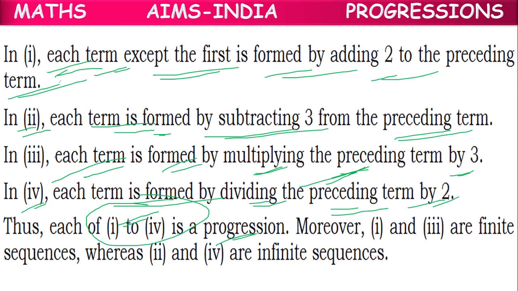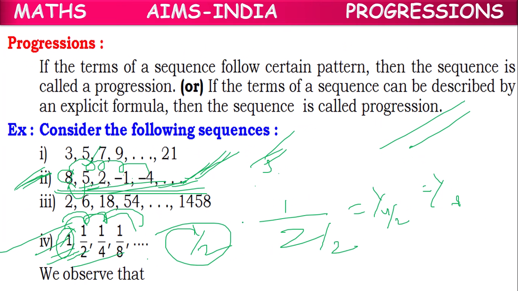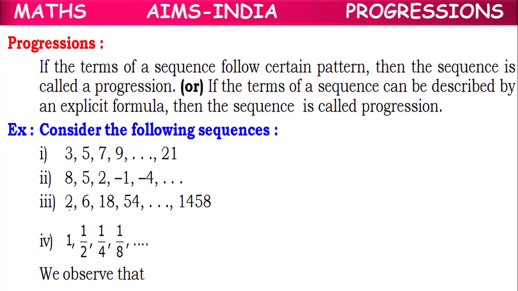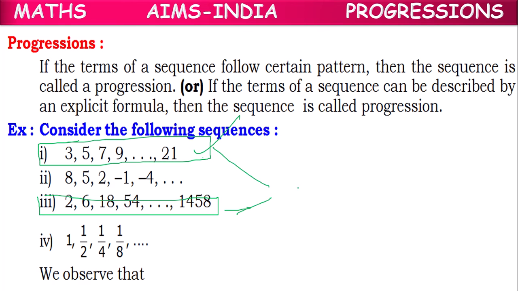In these progressions, as there is an ending element, a last element, this is a finite progression. Here also ending element is there. Number of elements are limited. So these two are considered as finite progressions, means number of terms are limited. Whereas these two, as we have dots at the end, there is no end element.